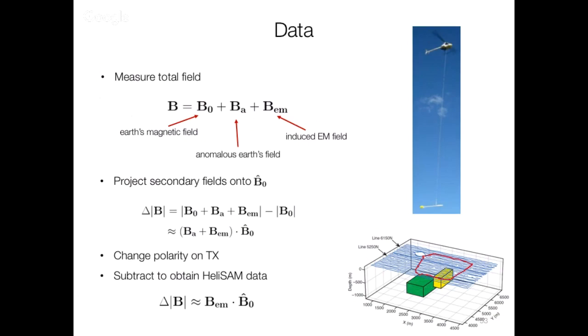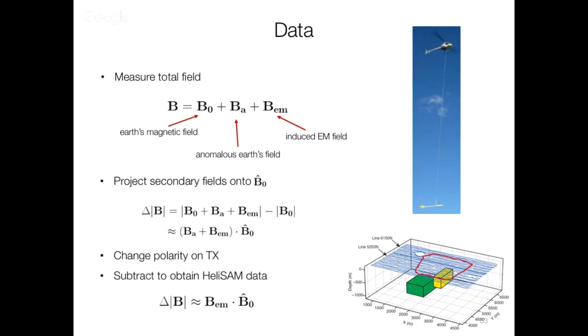In this particular case, there's another EM field coming from the EM induction from this loop. You measure this, and then to find an anomaly you take the absolute value of this. You're measuring total field, so you subtract off the Earth's field.